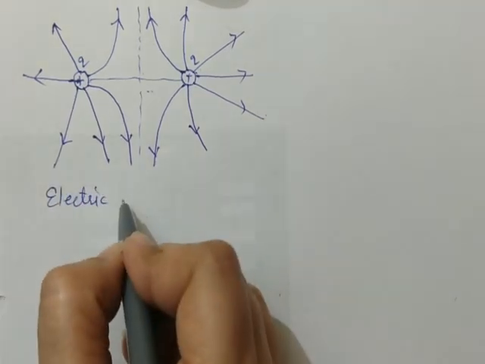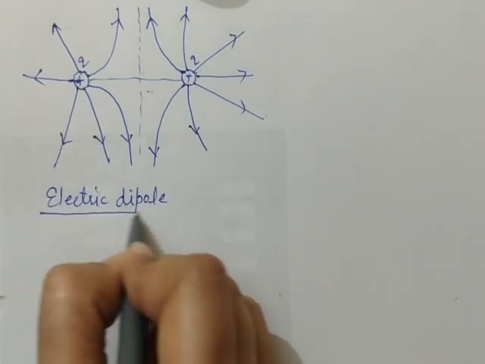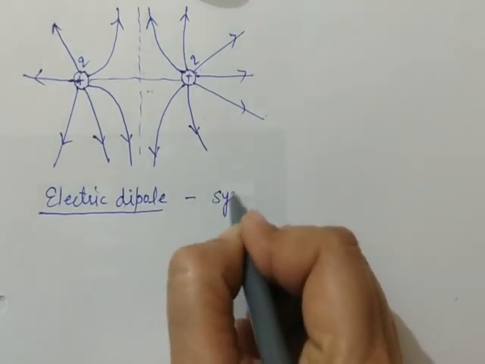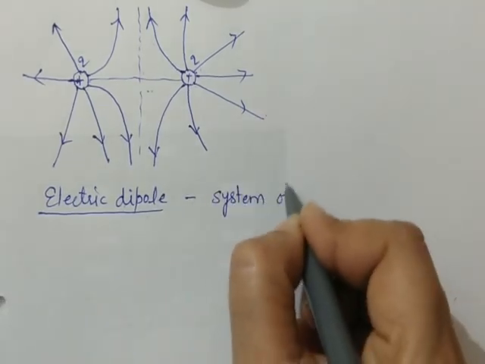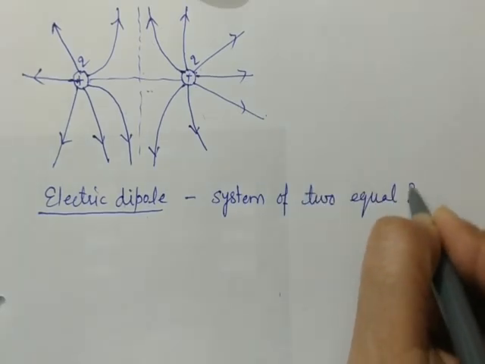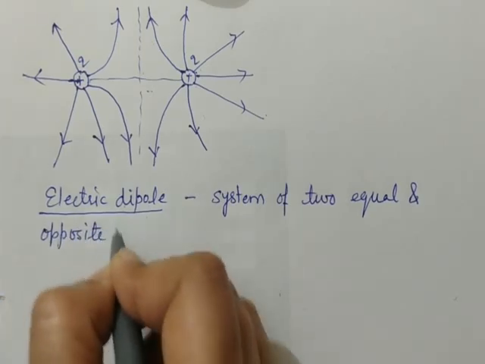In electrostatics, we have a term electric dipole. Electric dipole is a system of two equal and opposite charges.